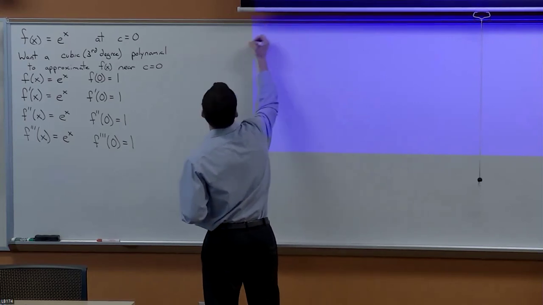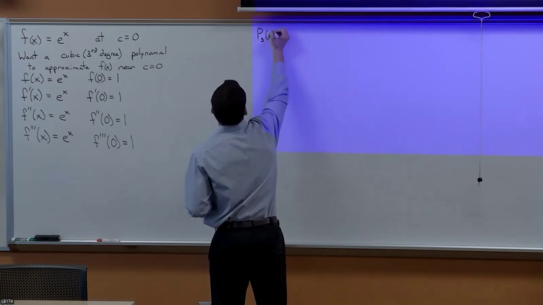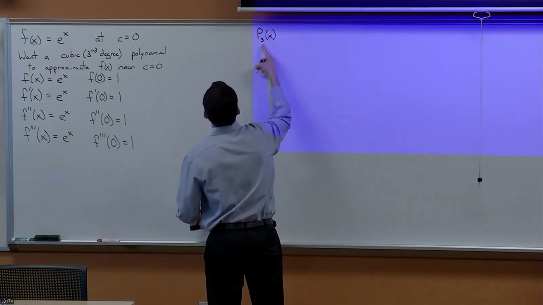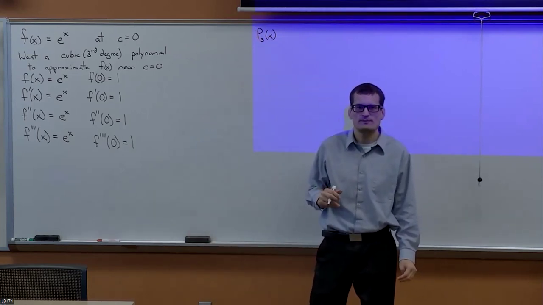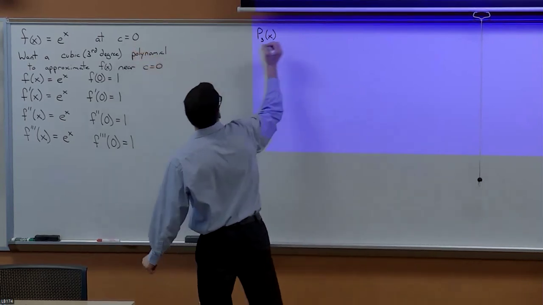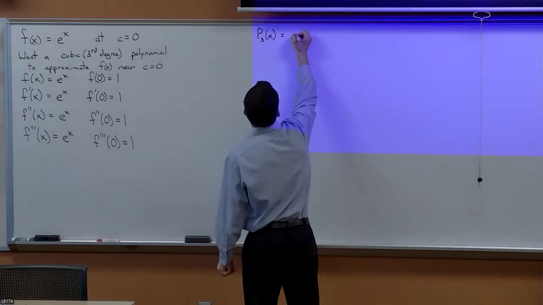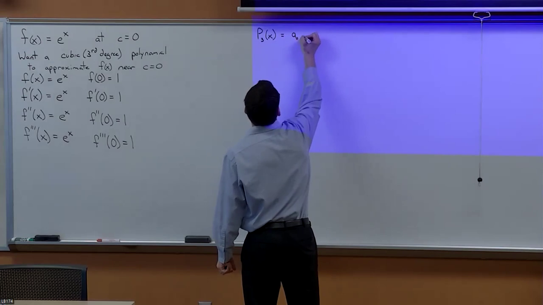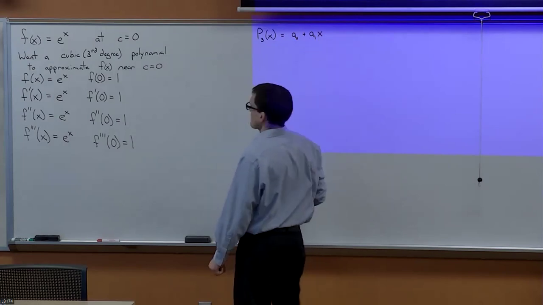I want a third degree polynomial. And the way we usually denote that is a P with a sub 3 for third degree polynomial. And I want it centered at 0. Centered at 0 means that I'm going to have a constant, and then I'm going to have a first term with just an x.